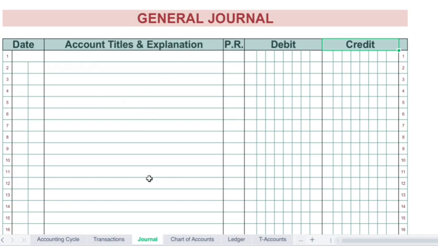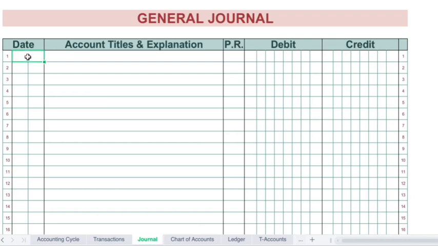Like what we did last time in analyzing transactions, here we will record in the general journal the accounts affected by the transactions. And we will also include the amounts. The first step is to write the date first.